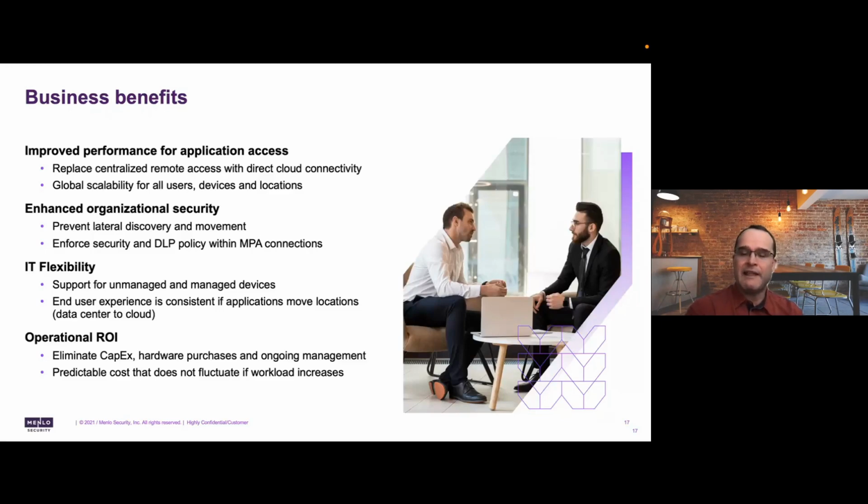If we just provide that user direct access to only applications needed to do their job, that lateral discovery and movement is dramatically limited from an attacker's perspective. And of course, because we have that full connection, real-time scanning, we can do security and DLP checks around all that.